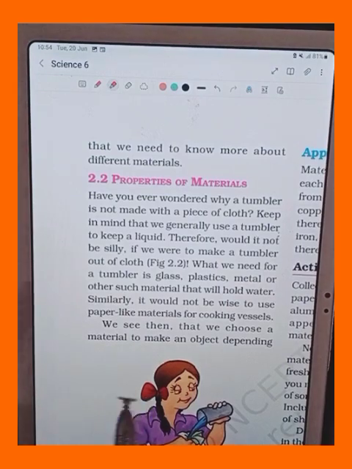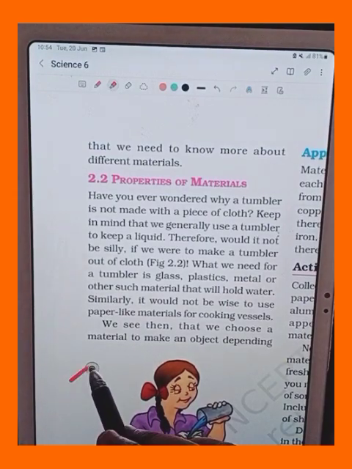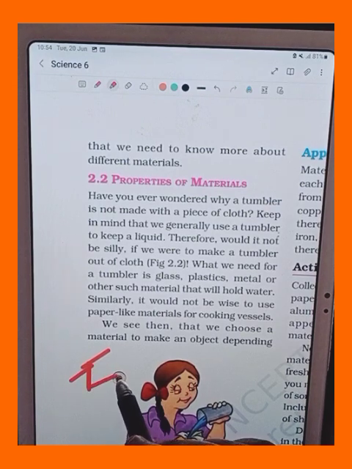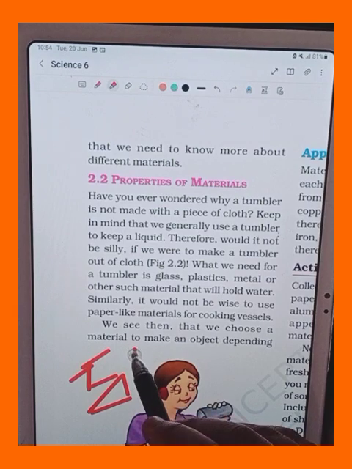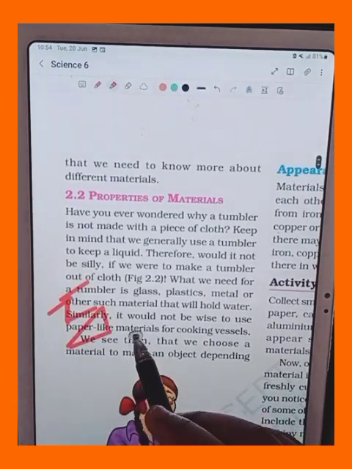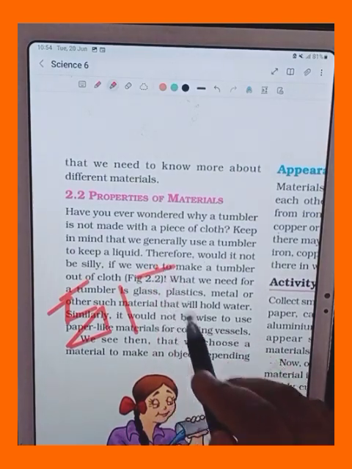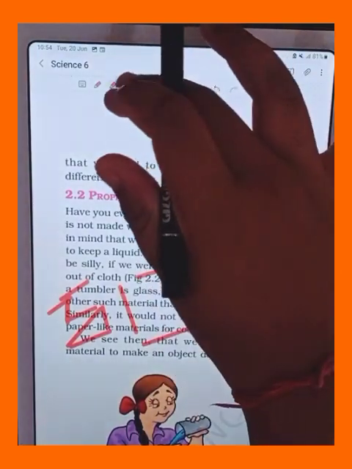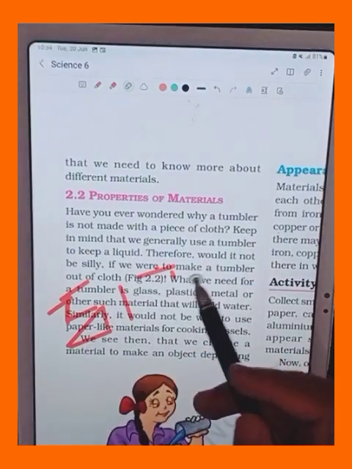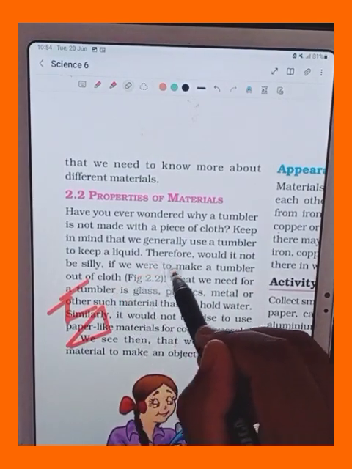Let's say 50. At 50, paper could burn very easily.